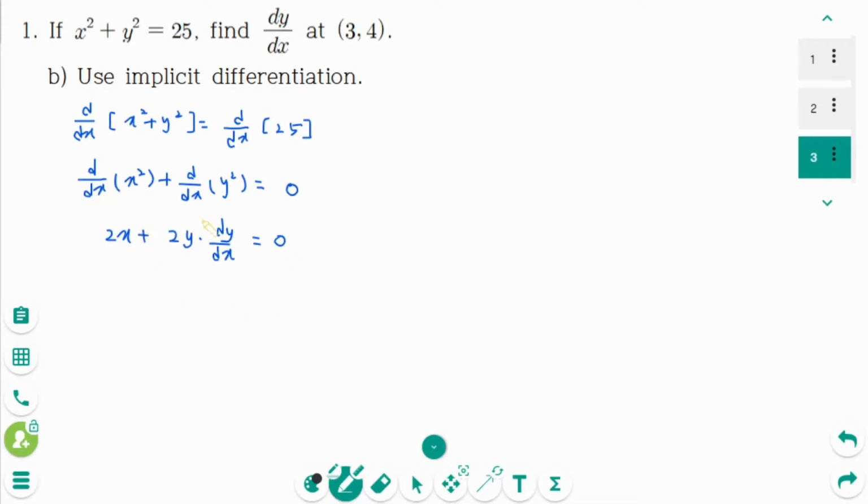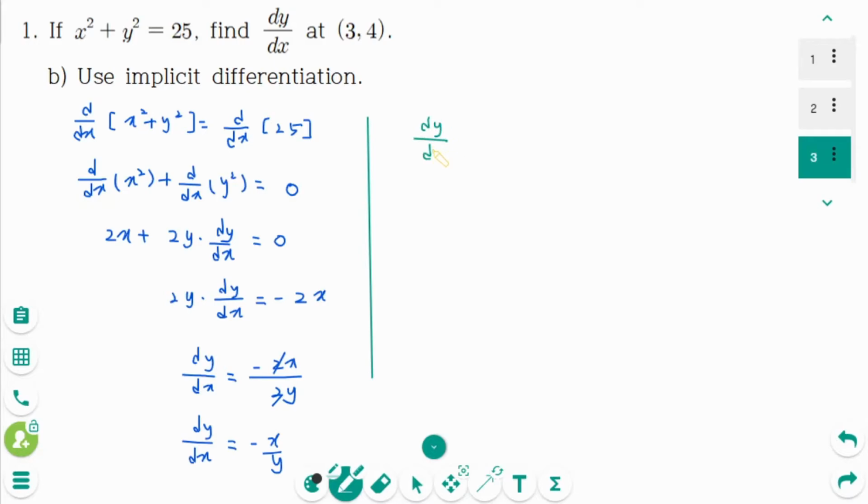Then move 2x to the right, 2y times dy/dx equals minus 2x. Then divide by 2y on each side, dy/dx equals minus 2x over 2y. Then dy/dx equals minus x over y.